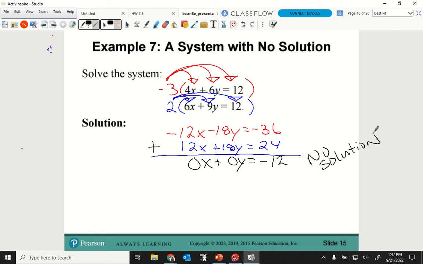Now, I'm not going to do the next example, so this is a no solution example. So I'll show you an example of infinite solutions. With infinite solutions, your answer is going to look like this: 0x plus 0y equals 0.